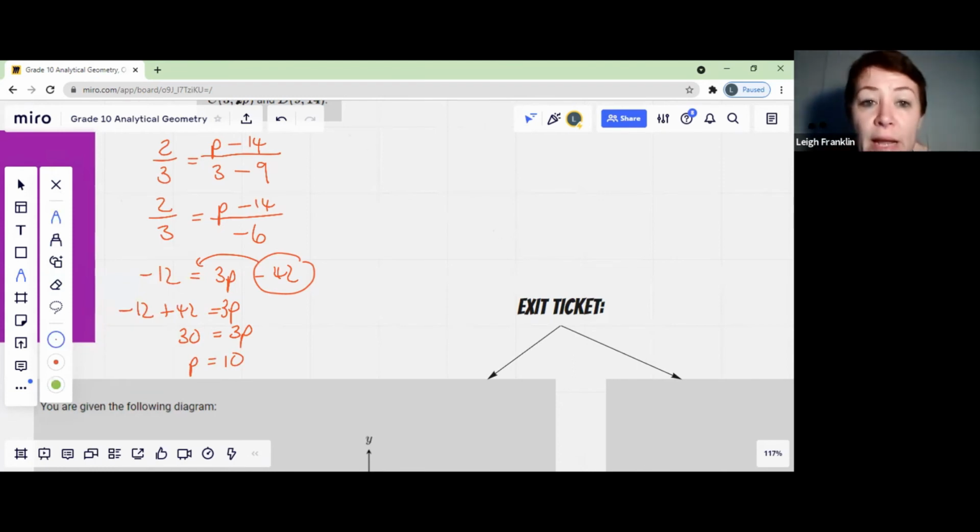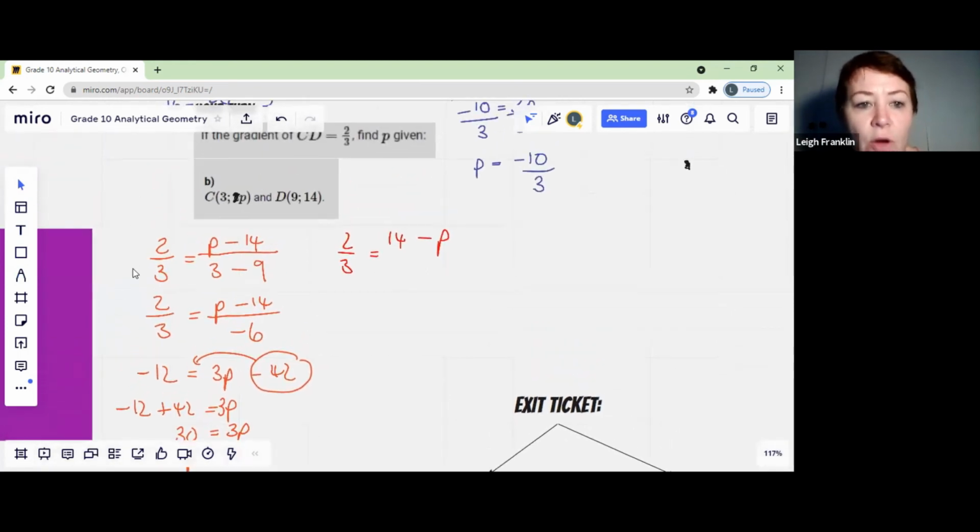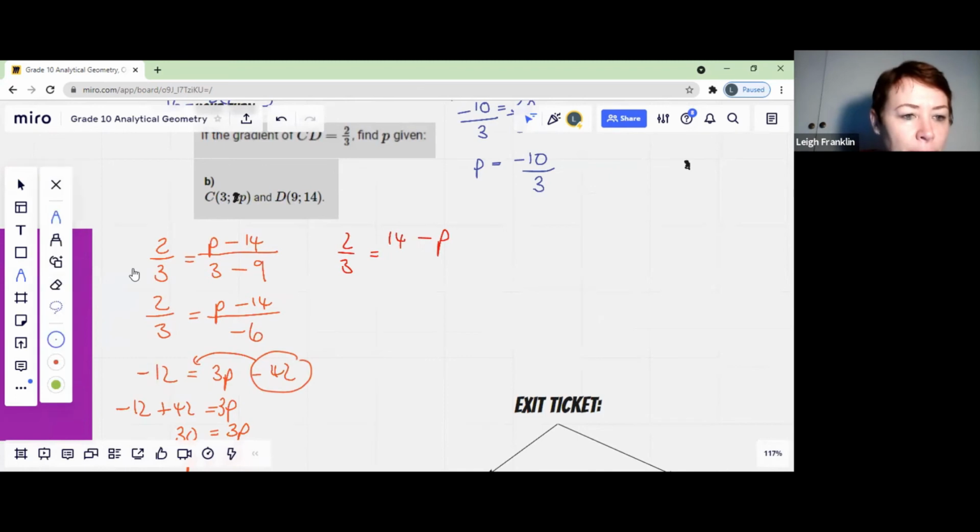We're still going to have 2 over 3, but at the top, we're going to have 14 minus P. Let me just check that my signs are correct. Which means at the bottom, I have to have 9 minus 3, don't I?